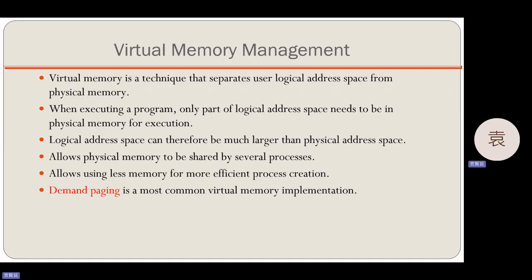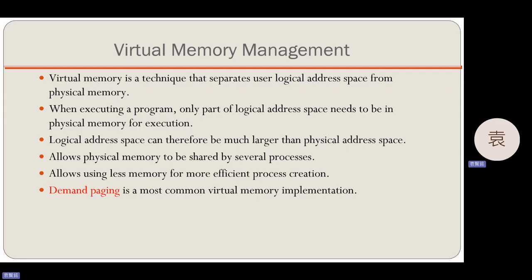Okay, so an extreme situation is that whenever we create a new process, we allocate zero physical memory to the process, and this kind of mechanism we call demand paging. Okay, so it means when a page is needed, then we load it into memory. So initially, when a process is first created, we may assign only one page or zero pages in memory.